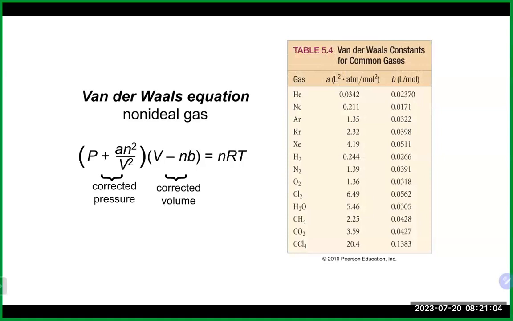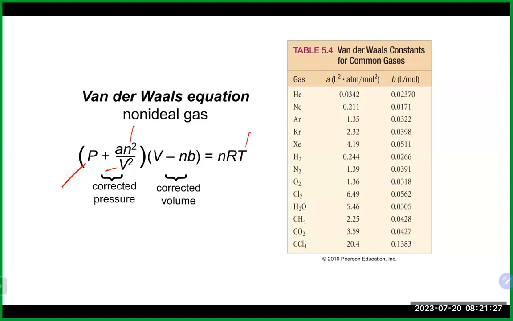So this is what is sometimes referred to as the van der Waals equation for non-ideal gases or real gases, and it's basically a scary version of the ideal gas law, but it really is still the ideal gas law, which means in most cases you still need to make sure everybody's in those same units that we talked about. So again, pressure should be in atmospheres, volume in liters, moles, and obviously Kelvin.